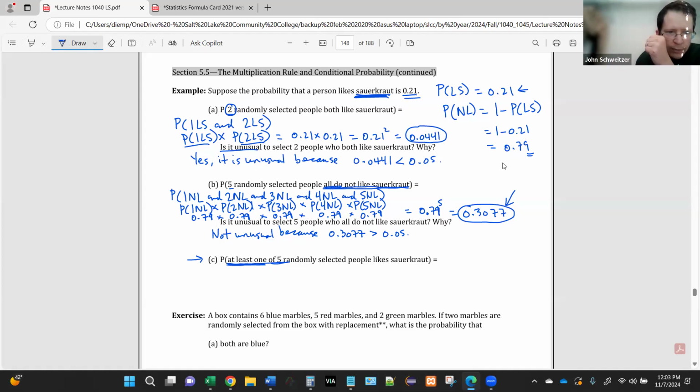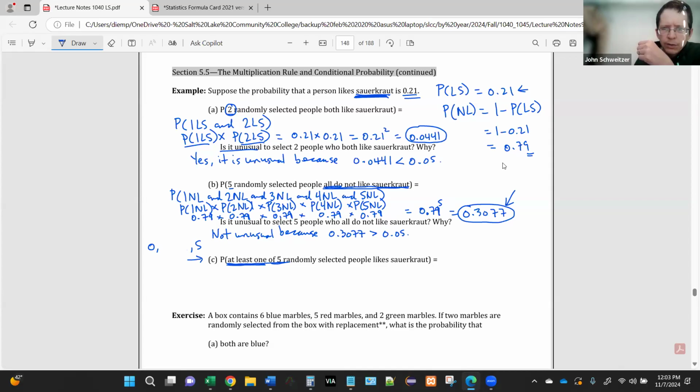So, okay, if we have a sample of 5, what's the smallest number of people that can like sauerkraut? Well, the worst case scenario would be 0, right? So the smallest number of people that could like sauerkraut has got to be 0. At the other end, you could have everybody liking it. Wouldn't be very likely.